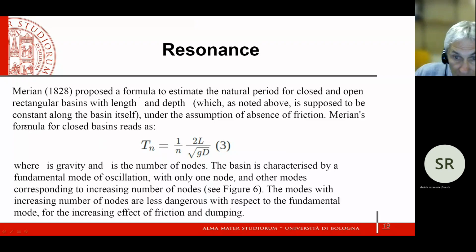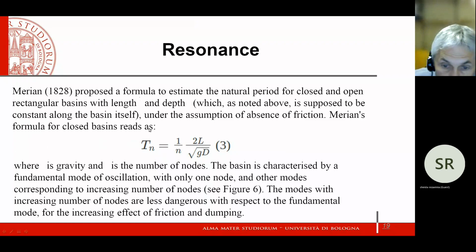formula to compute the natural period, as I said, which depends also on the number of nodes, lowercase n. I said before the number of crests, which actually correspond for the standing wave to antinodes, but the number of crests is the same as the number of nodes.